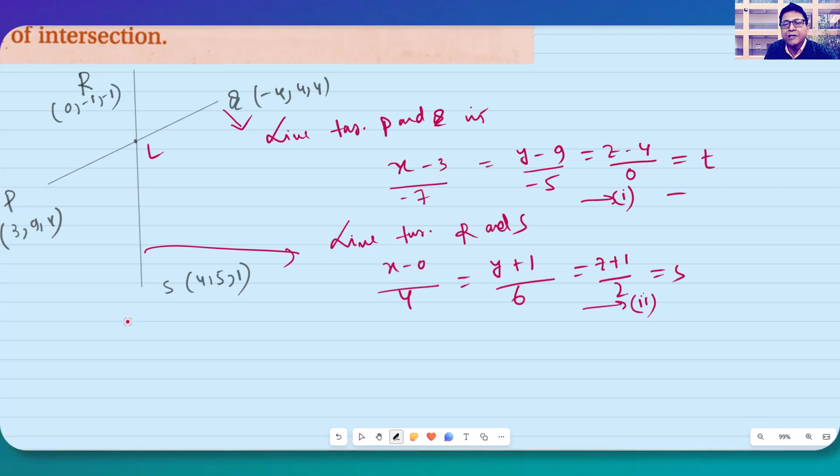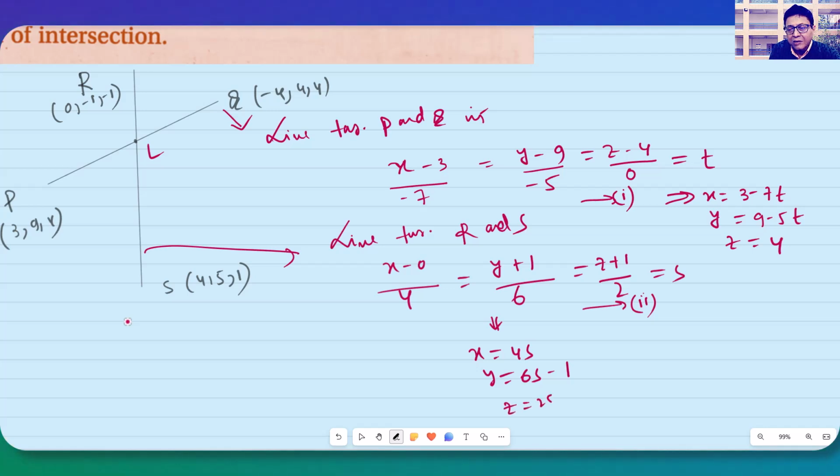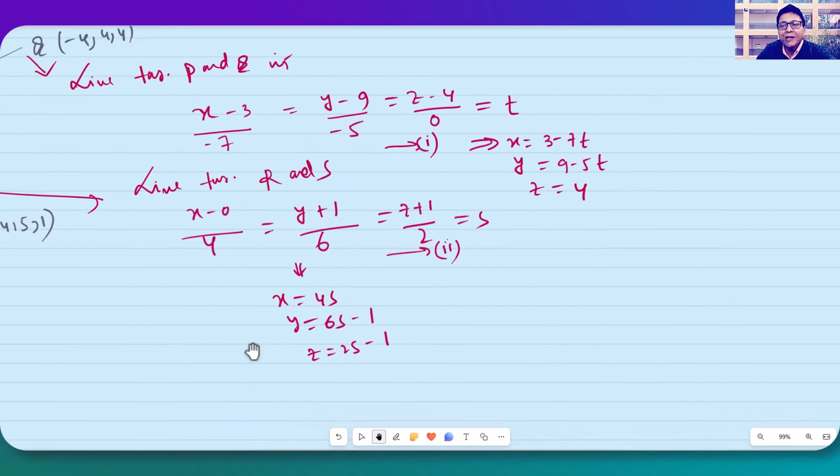So the point we get here, 3 minus 7t, y equal to 9 minus 5t and z 4. From here, a point on the second line is 4s, 6s minus 1, 2s minus 1. So we are going to get 3 equations because the values of x here and x here, y here, z here are comparable.